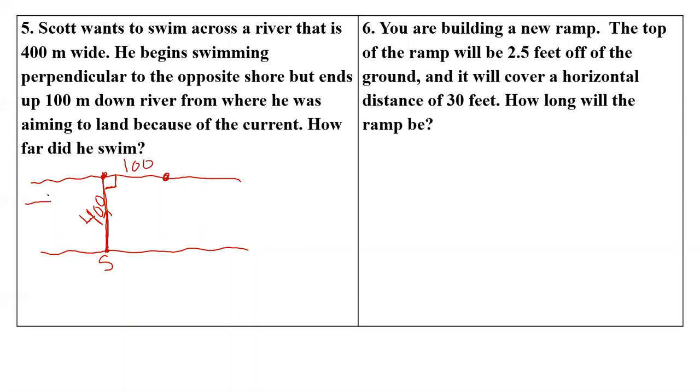So if my current is pushing us this way, instead of going straight across, he swam diagonally downstream and ended up 100 meters downriver from where he was aiming to land. So this is where he wanted to land. This is where he did land. And there's a 100-meter difference. How far did he swim?